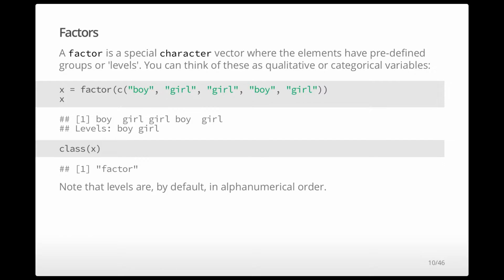Or there's a levels function that'll give you the levels directly. That says what are the levels of this factor? What are the categories? So if you say class, it's factor by default. If you don't give it any levels, we'll give levels in the next slide. If you do not give it any levels, it will put them in alphanumeric order. The only reason boy is first is because B comes before G in the alphabet.